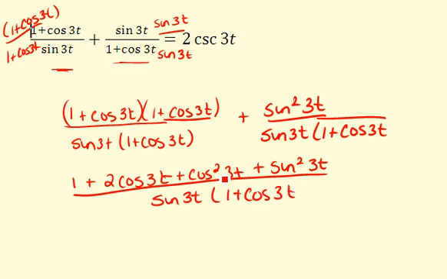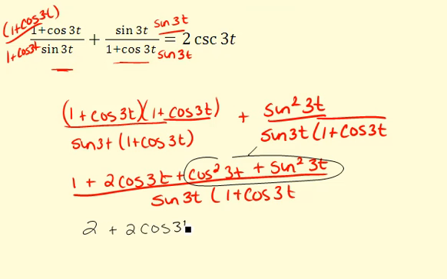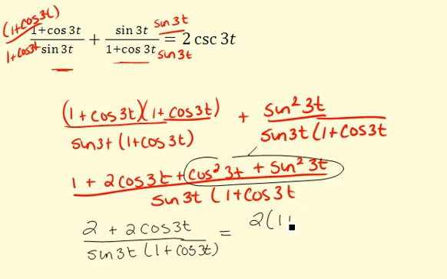We will recognize that the cosine squared of 3t plus the sine squared of 3t is equal to 1. Therefore, I have 1 plus 1, or 2, plus 2 cosine of 3t all over sine of 3t times 1 plus cosine of 3t. If we look at the numerator, we can see that we could factor out a 2 and be left with 1 plus cosine of 3t.